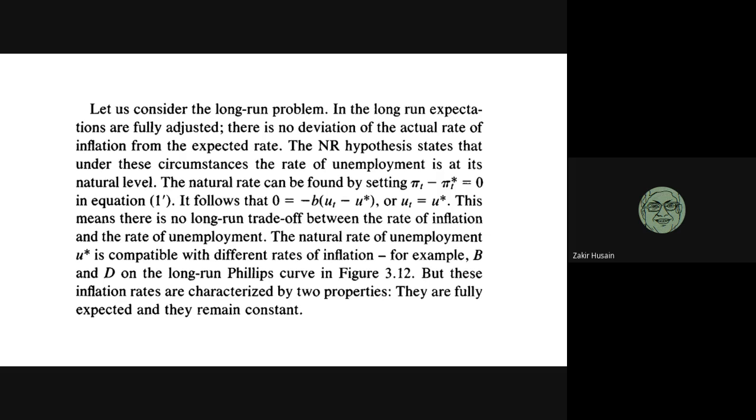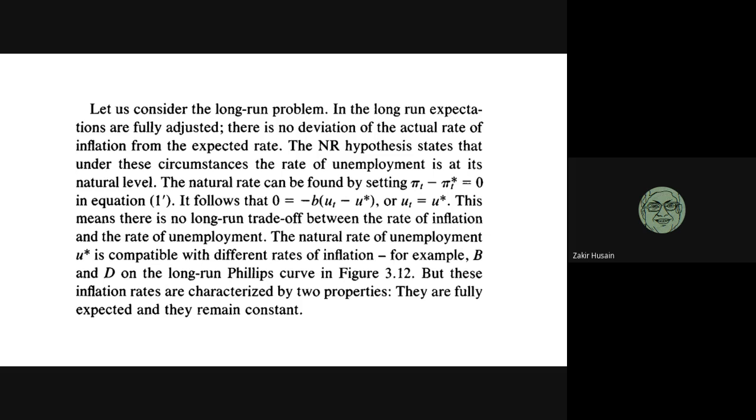This, by the way, I've just copy pasted from Frisch's book. So you can also skip this if you want, or copy the first and last part. Okay. So in the long run, what happens is expectations are fully adjusted.